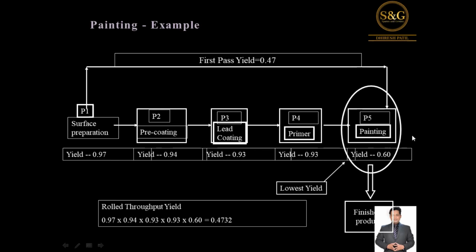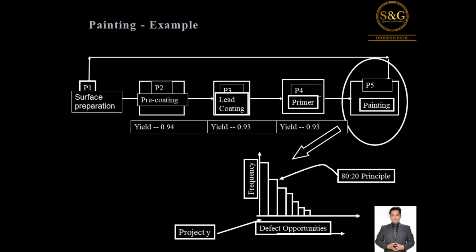So going ahead, let's deep dive into painting. Since it is the lowest yield process, we collect data in greater detail in painting. We find out what kinds of defects are regularly occurring and the frequency of each defect, and then we do a Pareto analysis of 80-20, where the defects are put on the x-axis and the frequency of the defects on the y-axis.